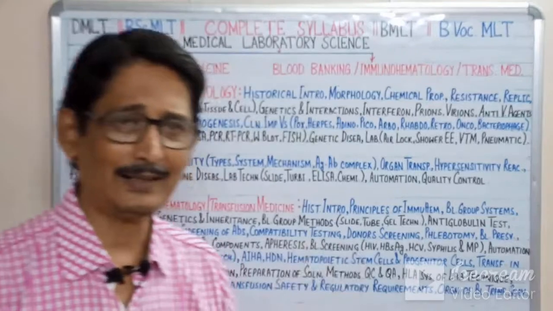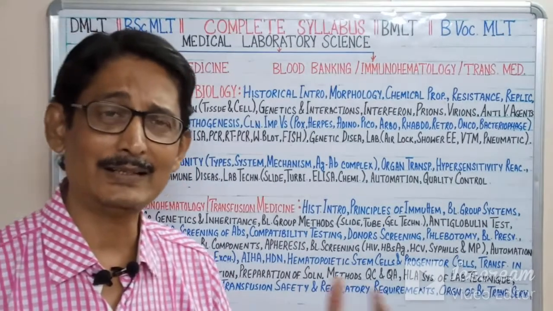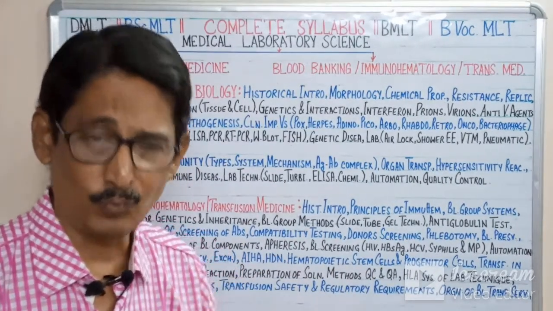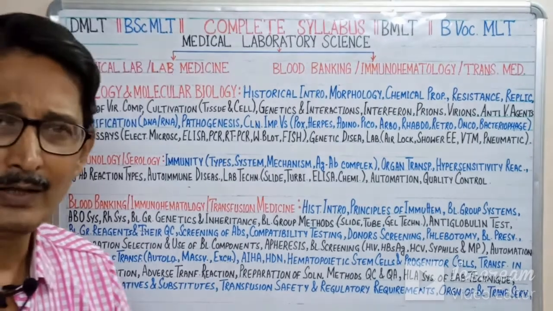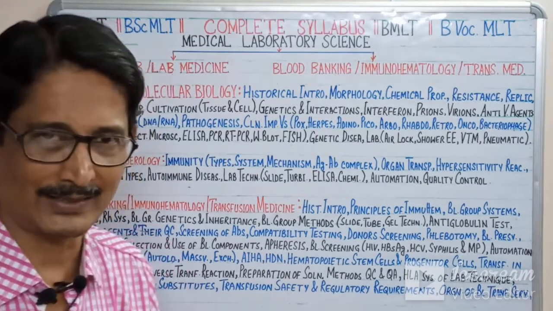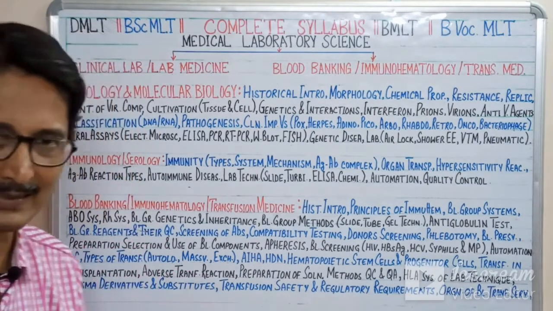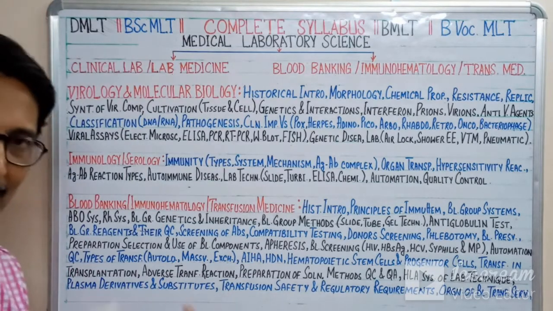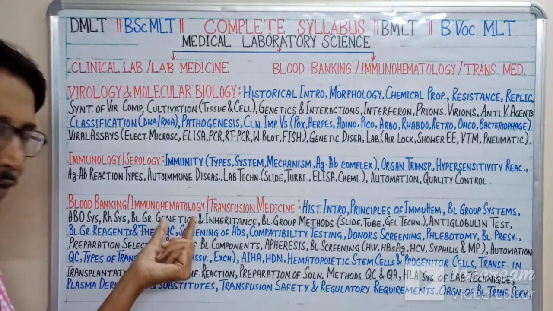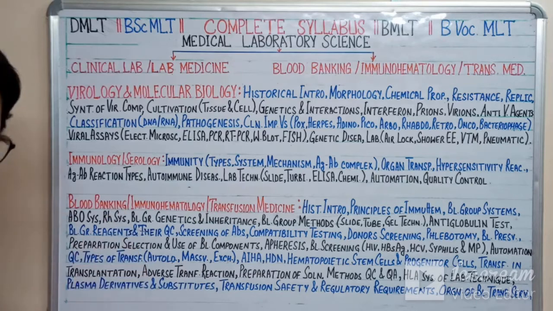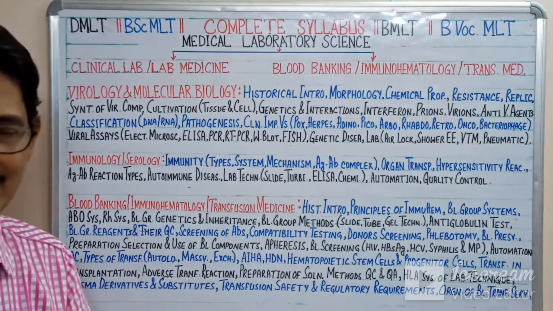So here the antigen-antibody is of our own. This study is related to immunological study because the other reactions are quite the same. So this is immunological. Hemato means the blood cells, and logy means the study.